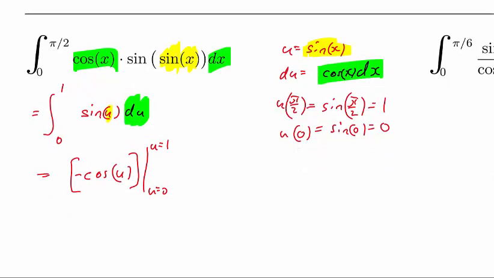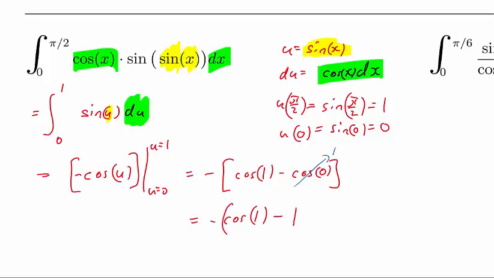And so this is simply negative, I'm drawing the negative outside, of the cosine of 1 minus cosine of 0. And what is cosine of 0? Cosine of 0 is in fact 1. And so this is negative cosine of 1 minus 1. If you distribute that, it becomes 1 minus cosine 1. And there we are. That's it.